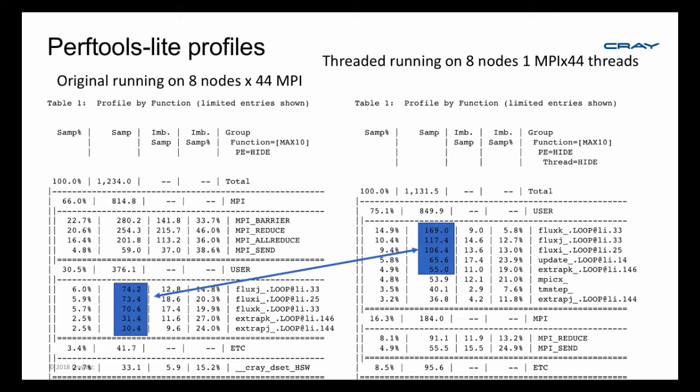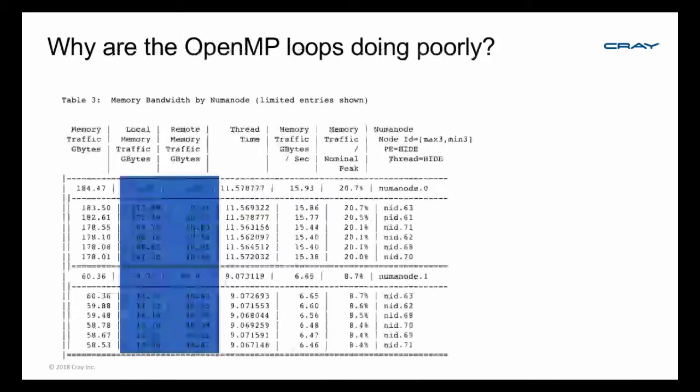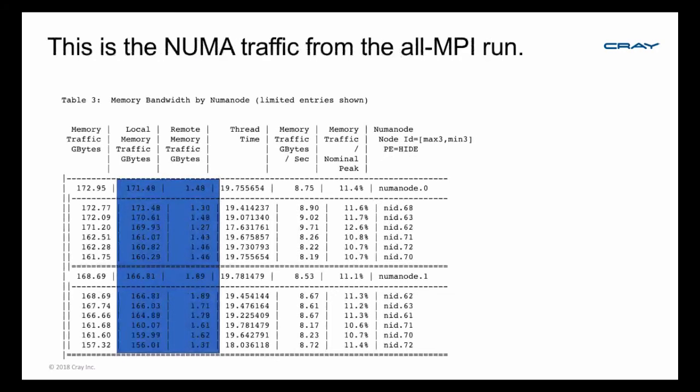The user time is less for MPI, and what we're trying to figure out is why. Why is the user time less for MPI? What we have determined is it's because of this NUMA traffic.